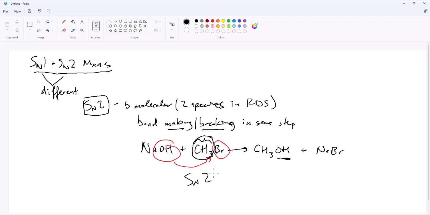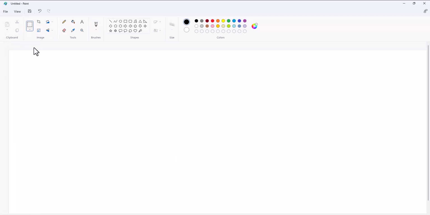But let's explore the mechanism a little bit further than we did in Chapter 5 and expand it to things that are beyond just hydroxide addition to an alcohol. So if we examine the mechanism of this at first, since this is bimolecular, and it's a concerted mechanism, we'll see this happening in one step.